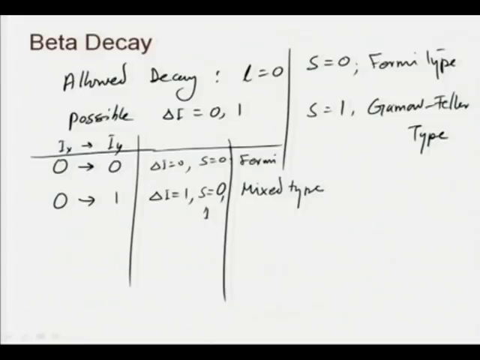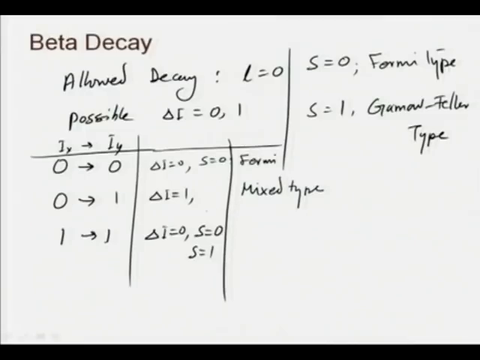Okay. Then you can have 1 to 1, then that is delta I equal to 0 still, right. So, it is S is equal to 0 or S is equal to 1. Okay. So, I should correct myself.